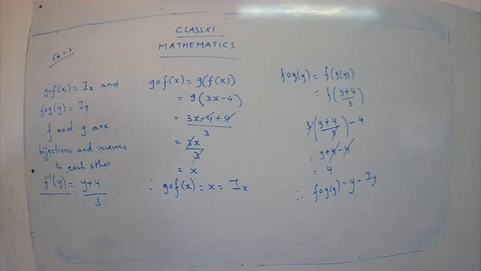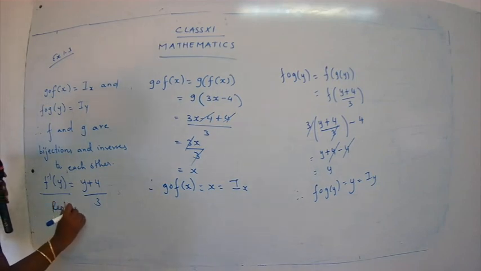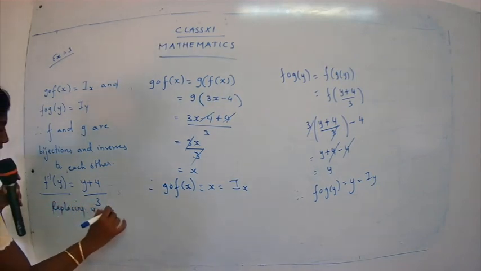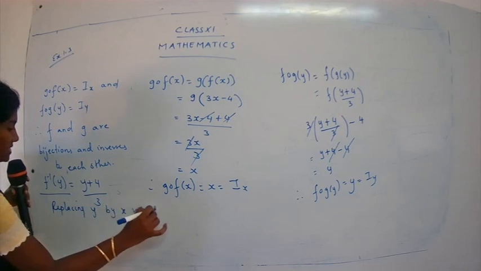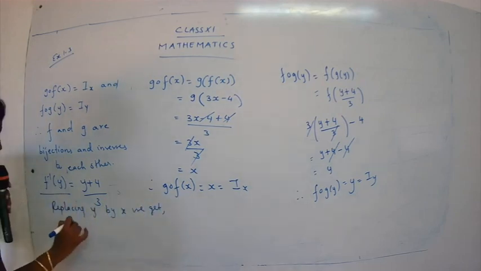We have not completed our step. We have one more thing to do. What are we going to do? You are going to replace y by x. Good, so let's replace y by x. Replacing y by x, we get f inverse x.